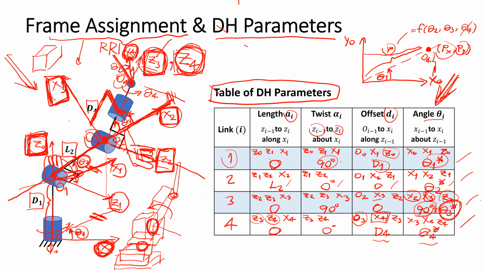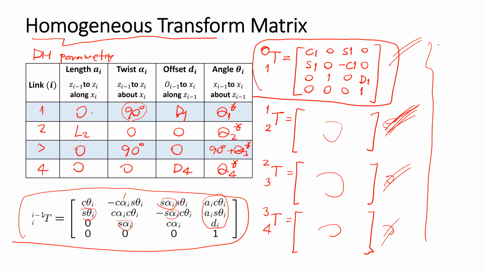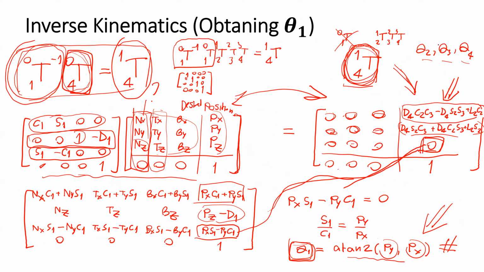So this is the first angle that we can obtain. Now we see that for the inverse kinematics problem, we need to find theta 1 in terms of Px, Py, and Pz. But for theta 1, it only depends on Px and Py.